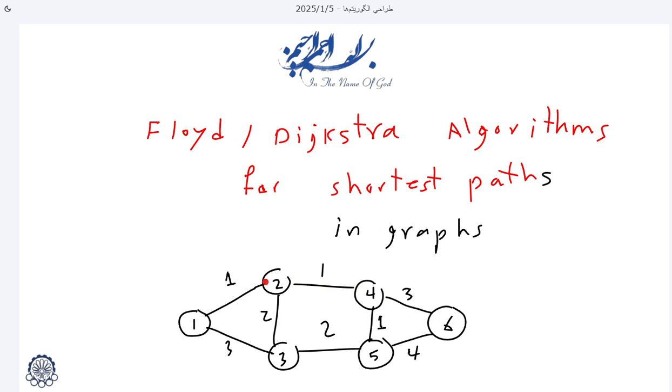So this path is shorter than the other path. In the first path, the weight was 9. In this path, the weight is 5, so it is better and shorter than the other. We are going to find the shortest path, the path that has the minimum weight.